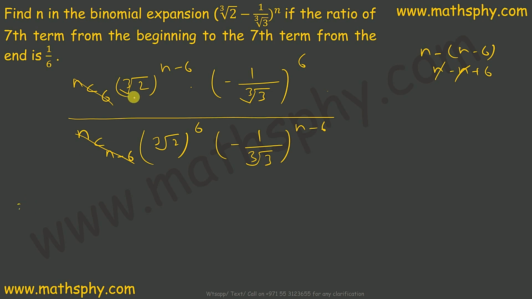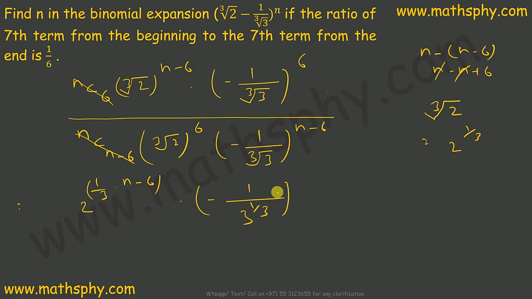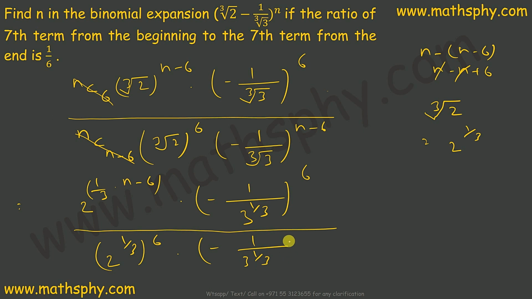What I'm left with can be written as 2 raised to 1 over 3, so this is 2 raised to 1 over 3 into n minus 6, into negative 1 over 3 raised to 1 over 3, all raised to 6, over 2 raised to 1 over 3 raised to 6 into negative 1 over 3 raised to 1 over 3 raised to n minus 6.